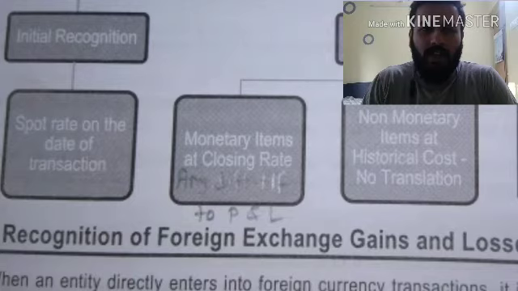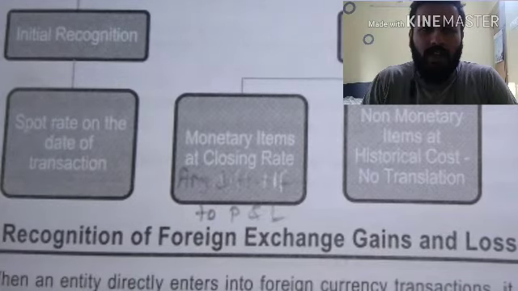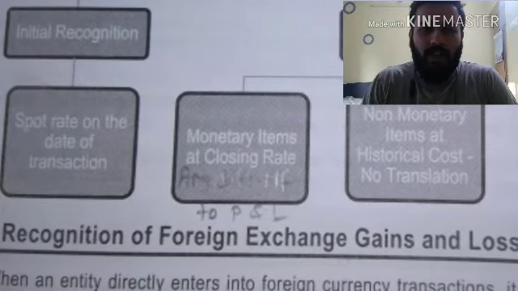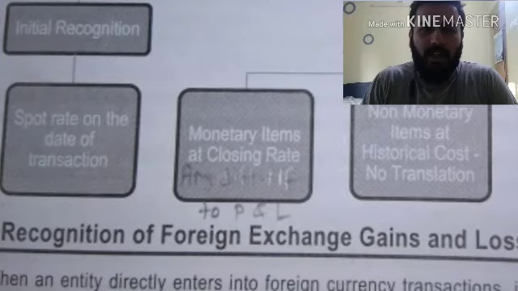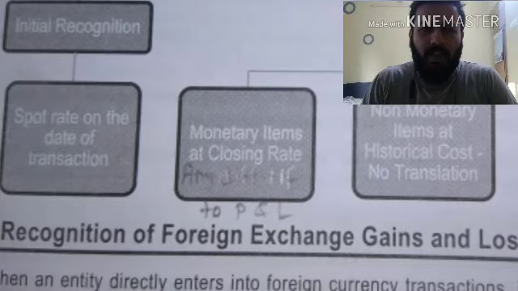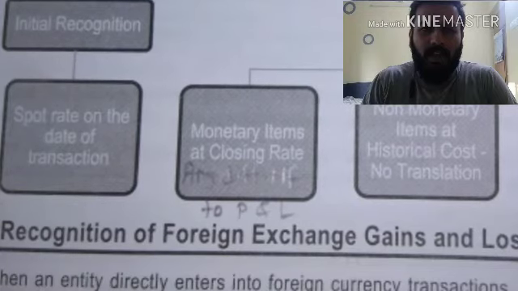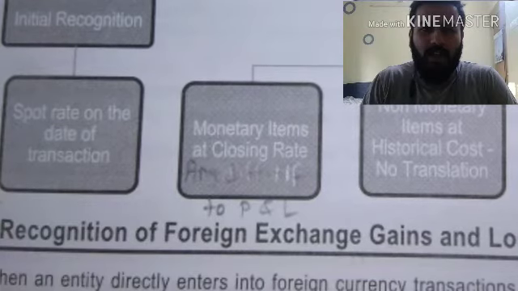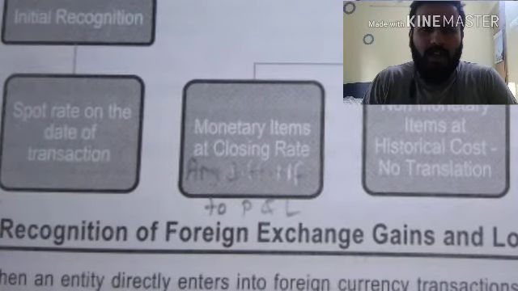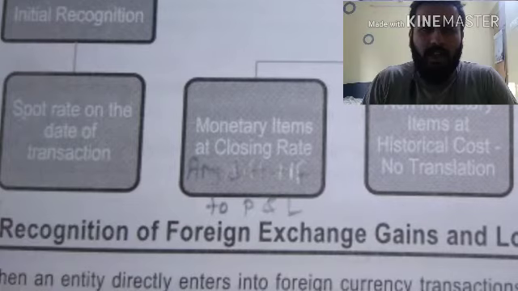Subsequent measurement has three things. First one is monetary items. Second one is non-monetary items recorded at historical cost, and third is non-monetary items at fair value.